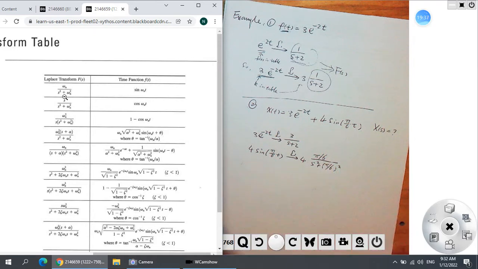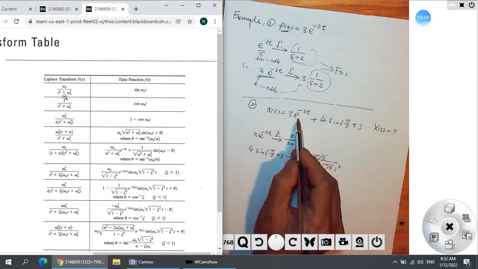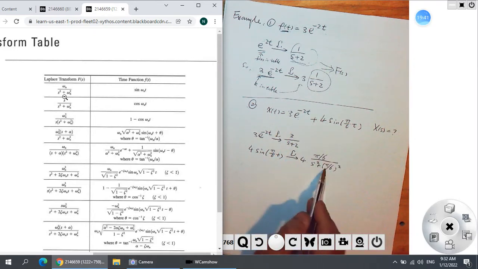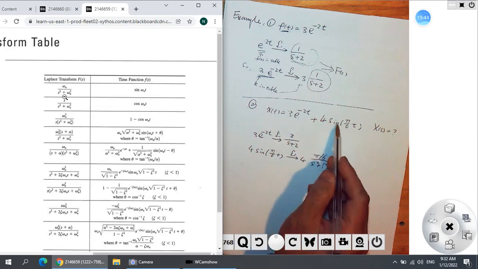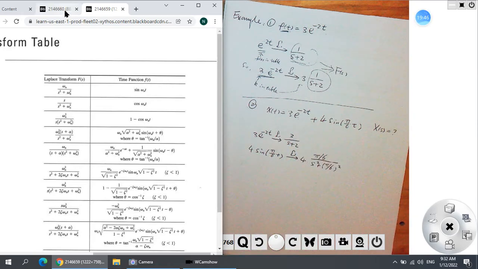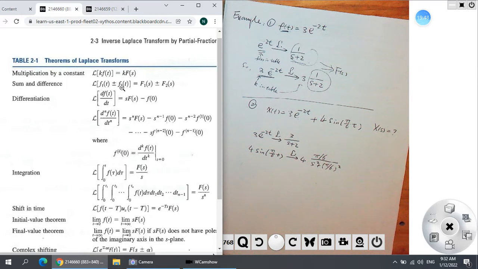So each term has its Laplace transform. Now we take the summation of these two. We can apply this rule: for a summation of two functions, you just find the Laplace transform of each one, then add them. The subtraction will be similar.